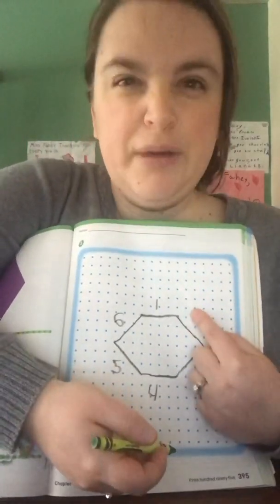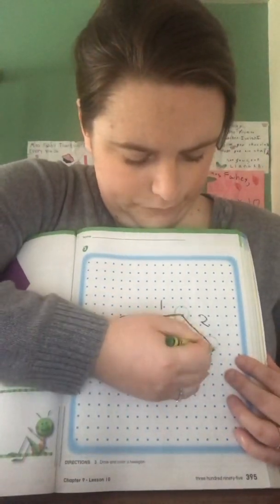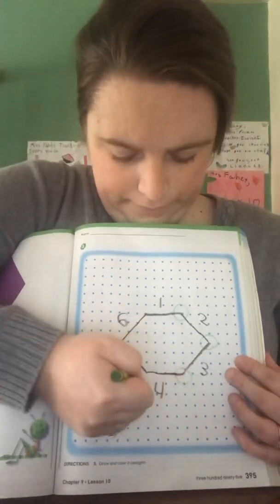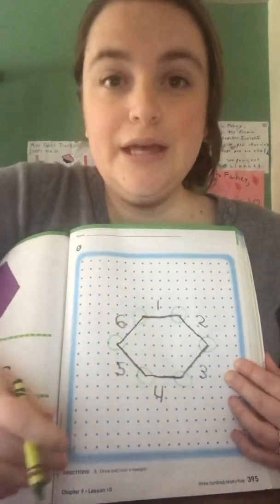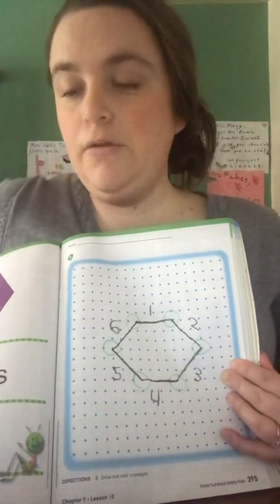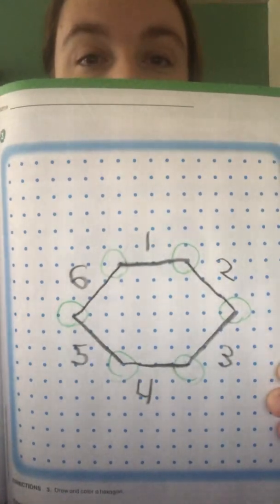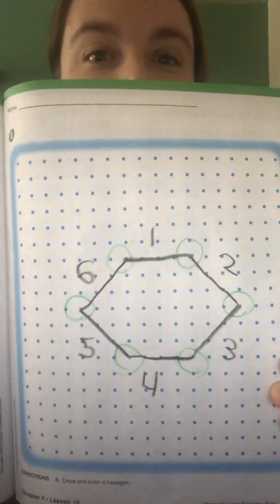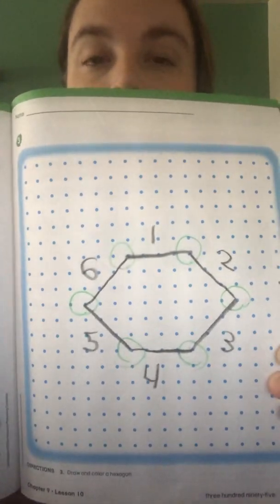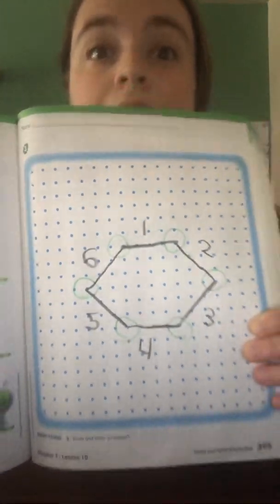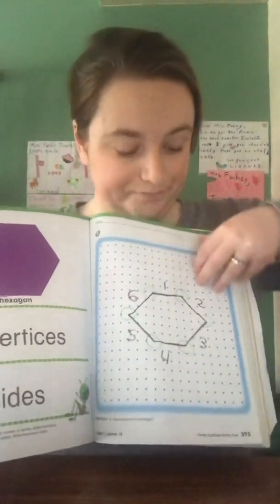And I'm going to circle my vertices. 1, 2, 3, 4, 5, 6. So I know that I have a proper hexagon because I counted 6 sides and 6 vertices. You can make your hexagon big or small as long as it has 6 sides and 6 vertices. Okay, take your time with this one.